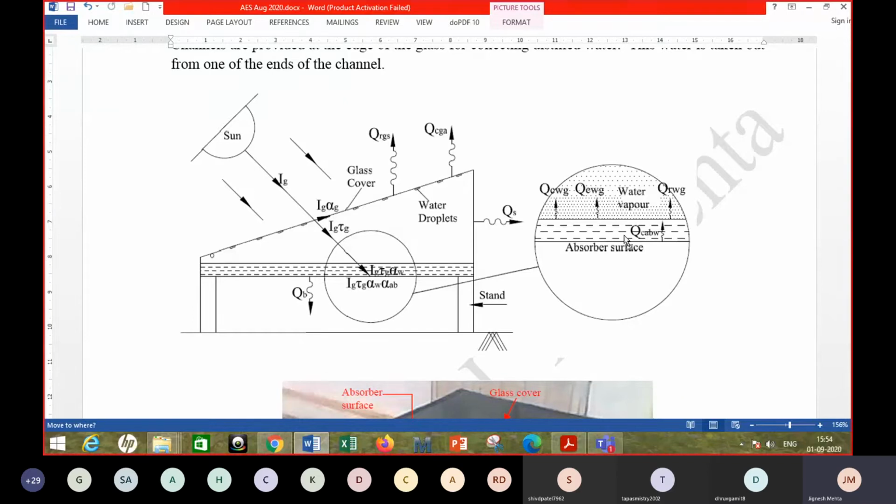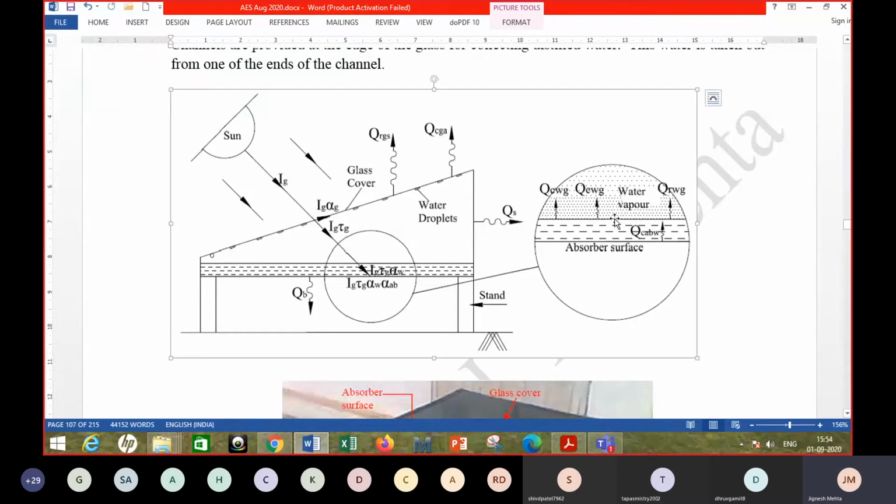Then it gives away heat in different forms, gets cooled and comes back and again gets heated. So natural convective currents are set up. That's what QCABW is showing, convection from absorber to water.